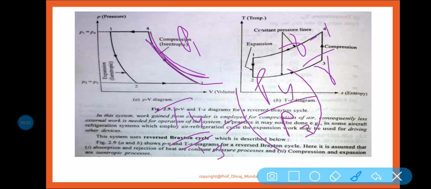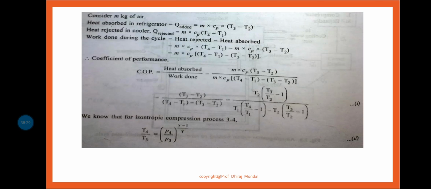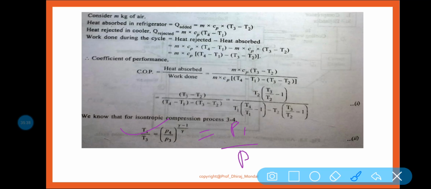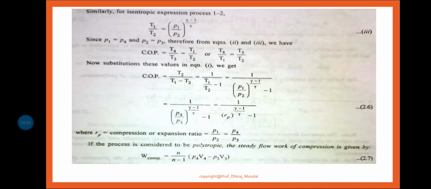Because we know that P1 V1 to the power gamma is equal to P2 V2 to the power gamma, so with the help of this you can put this. So T4 by T3 is equal to (P4 by P3) to the power (gamma minus 1) by gamma, but P4 is equal to P1 and P3 is equal to P2. So (P1 by P2) to the power (gamma minus 1) by gamma, and ultimately P1 by P2 relates to T1 by T2. Can I write this? That is written in the next slide.